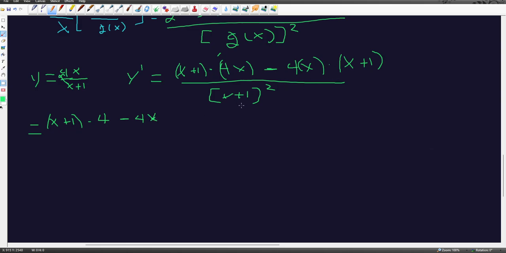And the derivative of this function here is going to be 1, because the derivative of x is just 1. So it's getting multiplied by 1.